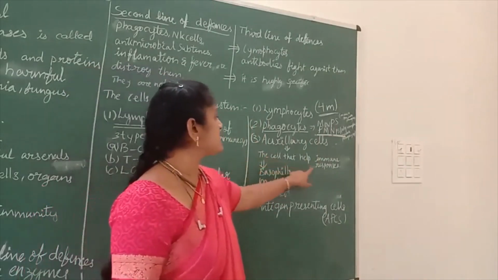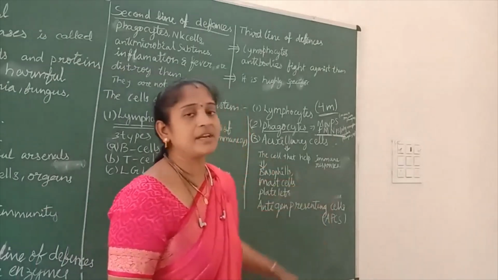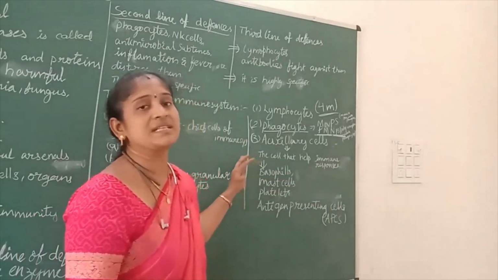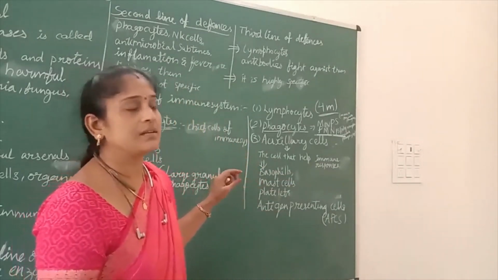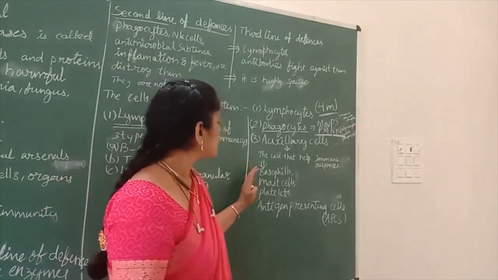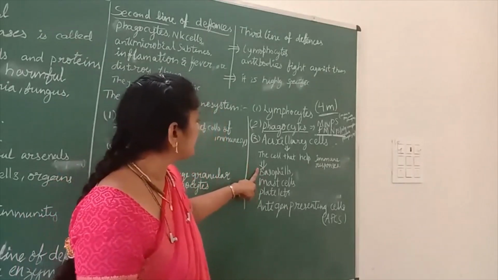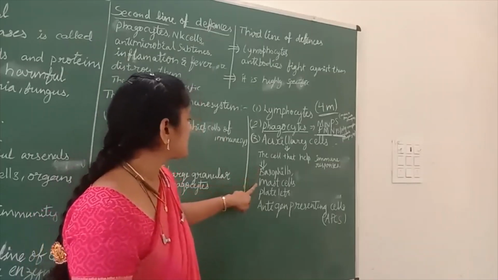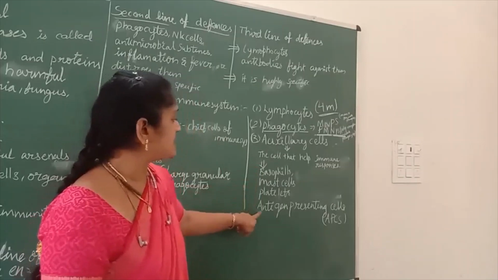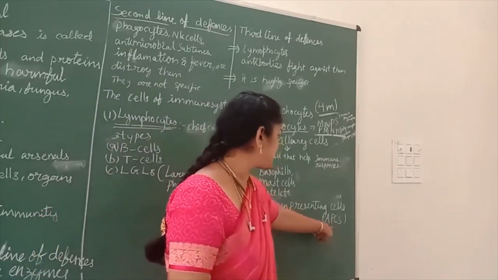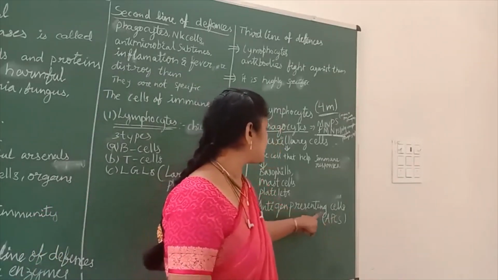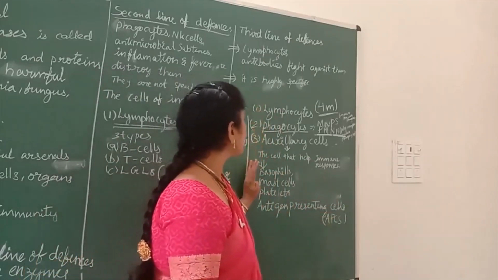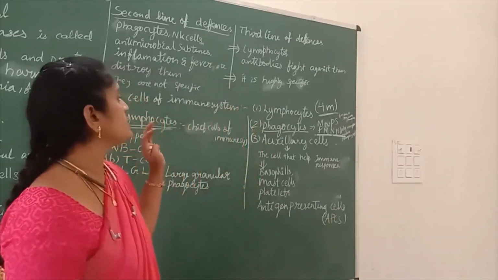In our blood, many cells are present, like basophils and eosinophils. The auxiliary cells include basophils, mast cells, platelets and antigen presenting cells, known as APCs.